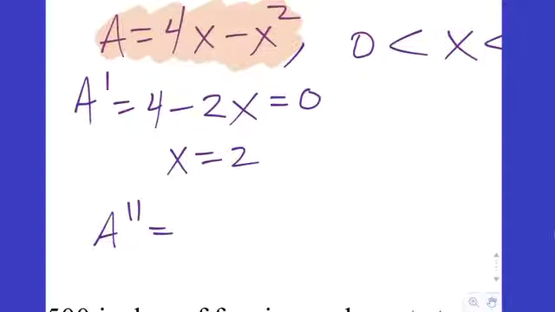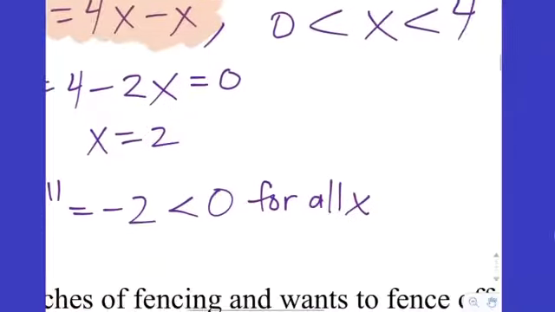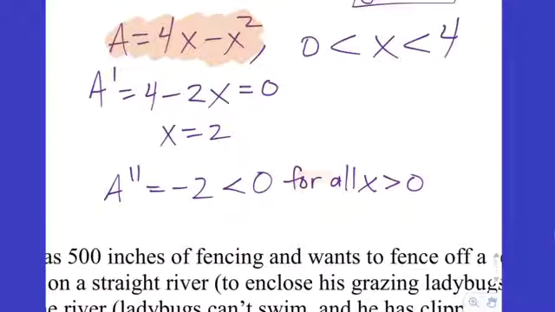The second derivative is negative 2, which is less than 0 for all x in your relevant domain greater than 0, right? When you say the for all, you're making it a global argument. You're basically saying this graph is concave down everywhere, and therefore it's not just a local max, it's an absolute max by a modified second derivative test.